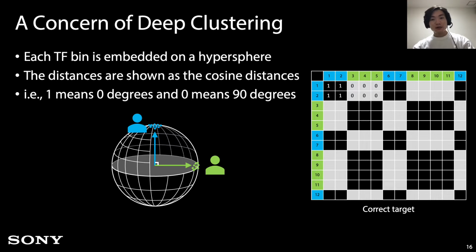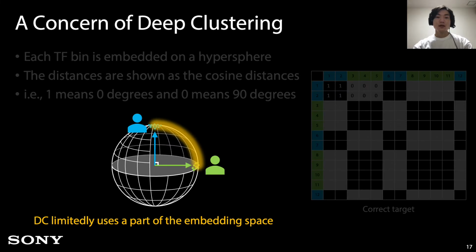Therefore, each TF bin is embedded on a hypersphere, and the distances are shown as the cosine distances. In the correct target, 1 means 0 degrees, and 0 means 90 degrees. According to this definition, we can see that DC limitedly uses a part of the embedding space as highlighted in this figure.